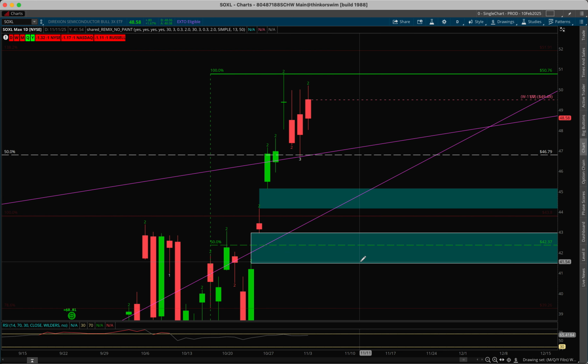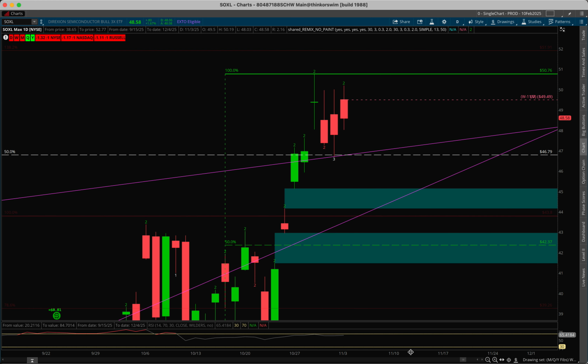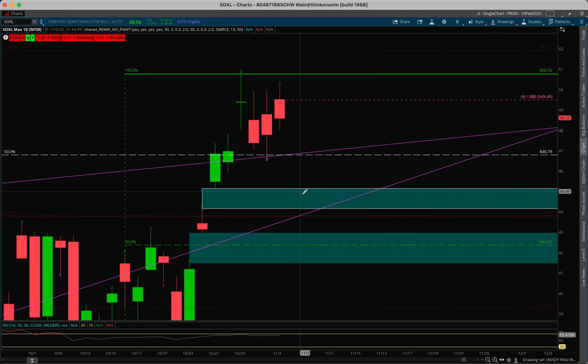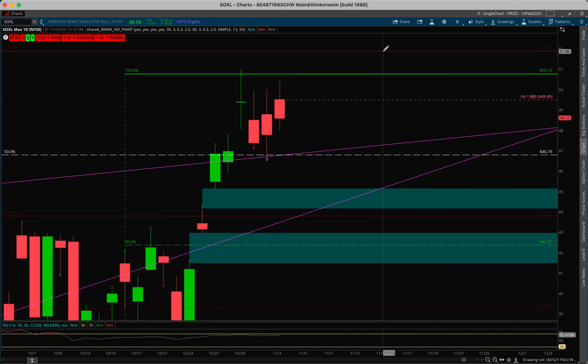If we're just looking here, zoomed in on the last few days, last week, you can see today was this 2 up, but we had the red 3, red 2 up. So be on the lookout for tomorrow for the 3-2 up, 2 down. Not a whole lot of magnitude, but it could start some momentum to push back down to these gaps that we've left from early last week.